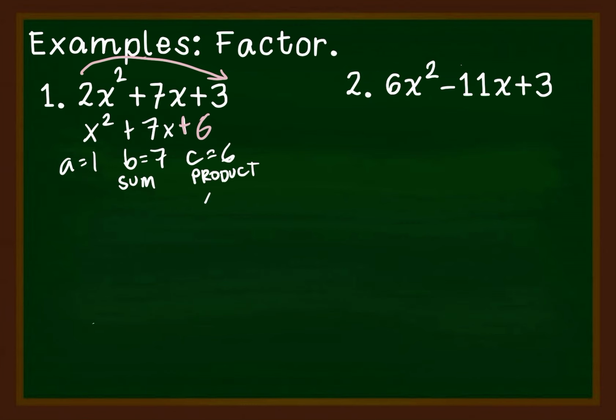So, ano ba ang mga factors ng 6? This is positive 6. So, we have 1 and 6, 2 and 3. Or, both negative. Negative 1, negative 6, negative 2, negative 3. And then, we add.